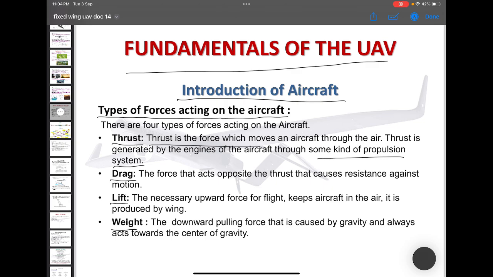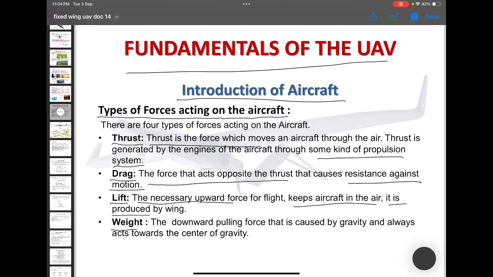Okay, what's drag? Drag is the force that acts opposite to the thrust, that causes resistance against the motion. Okay, this is drag. And what is lift? Lift is the necessary upward force for flight, which keeps the aircraft in the air.